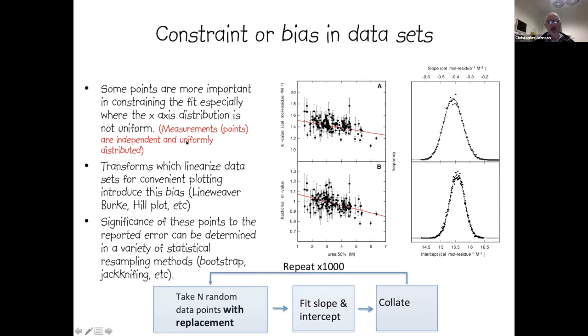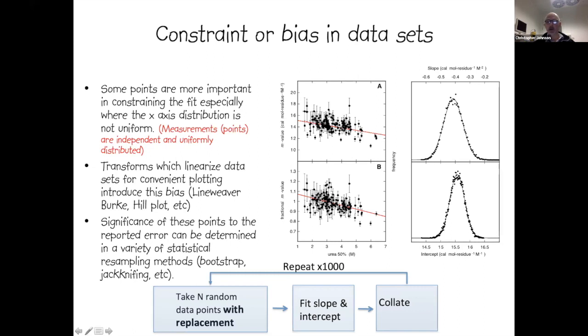If you remember, one of the assumptions of nonlinear least squares fitting is that the measurement points are independently and uniformly distributed. But sometimes when we collect data, as in this example here, some of the points are more important in constraining the fit when the x-axis distribution is not uniform. In this data set, we were keen to confirm that the data actually did have a negative slope.